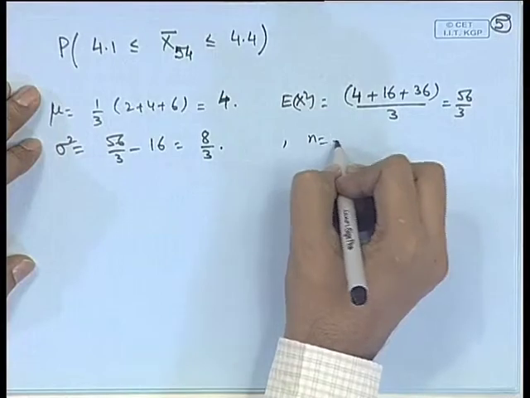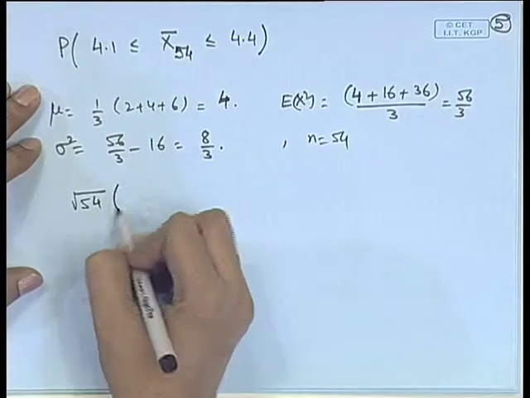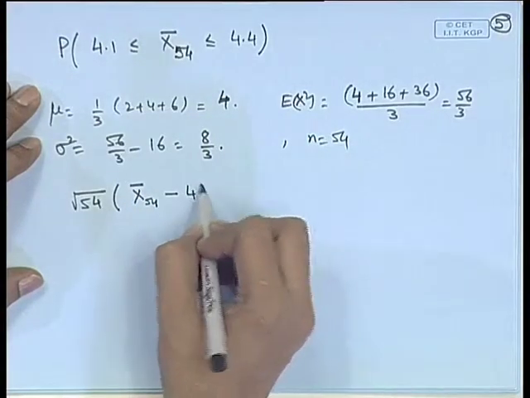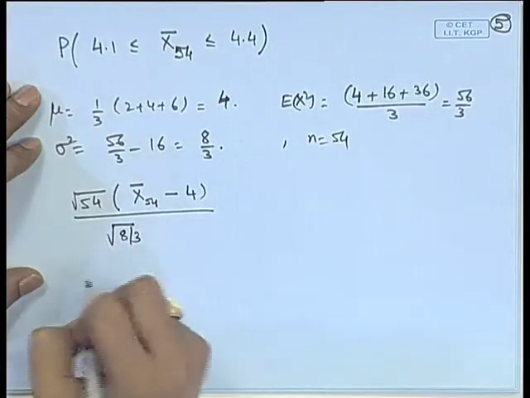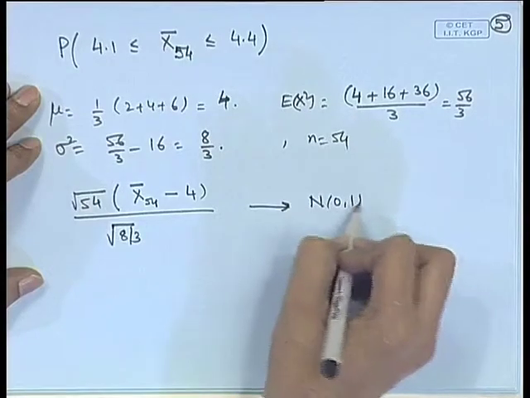And n is here 54. So, we have the distribution of root 54 into (X̄_54 minus 4) divided by root 8/3. This will be approximately normal 0, 1.